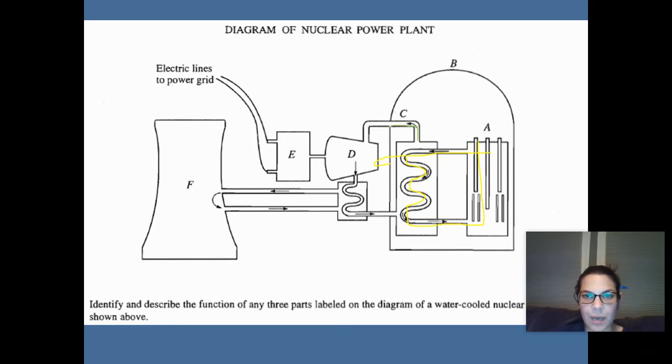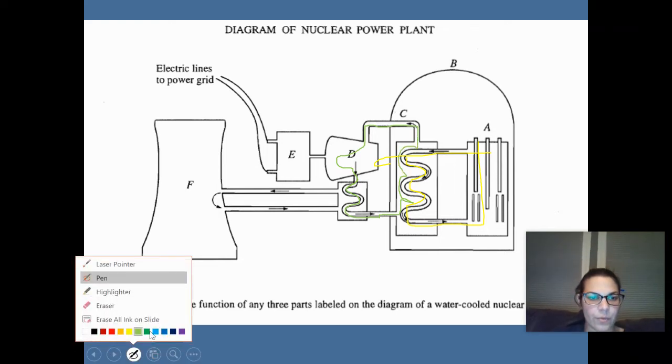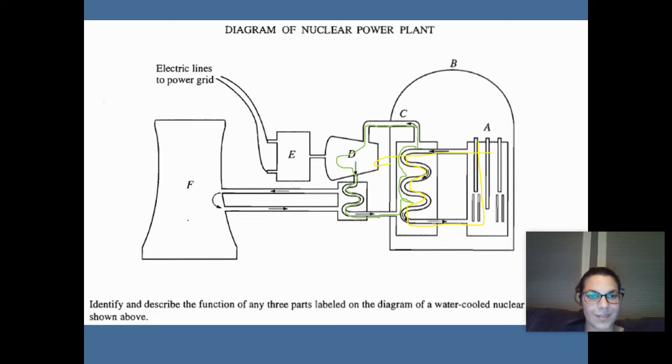Your steam coming up through here into the turbine, down through the condenser, and then back in through here, and all in this background here. And then your third loop would be dark blue. Here in the background is your cold water, coming in from your cooling tower. So one of the questions is to identify A, B, C, D, E, and F.